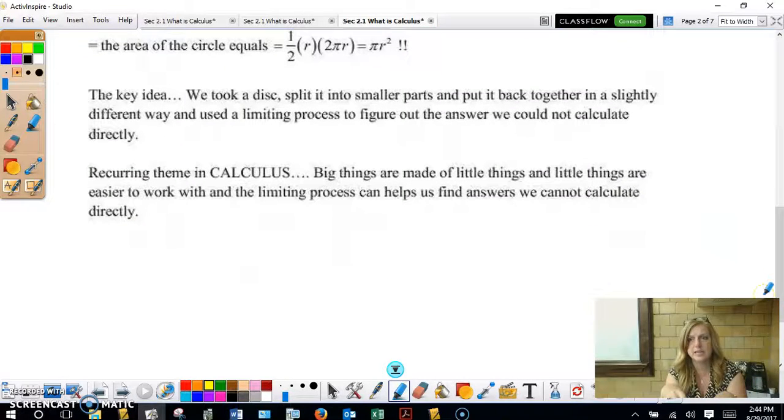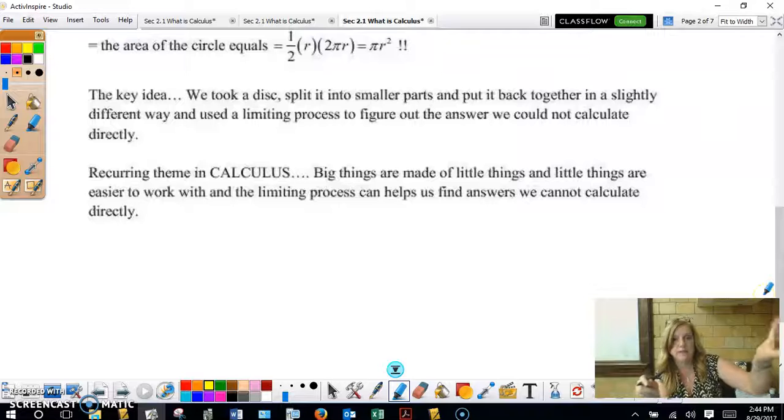So our key idea is we took a disk, we split it into smaller and smaller parts of things that we could calculate using prior skills in pre-calculus, area of a rectangle, area of a triangle, and so on. And then we put it back together in a slightly different way, and it's okay if it's really an estimate, because we fix the estimate with the limiting process, which then allows us to find the answer that we could not calculate directly.